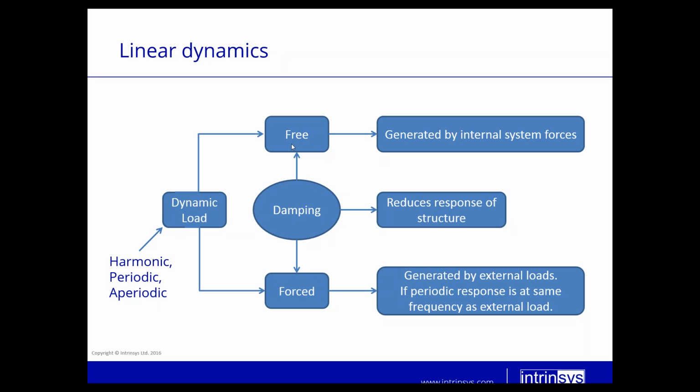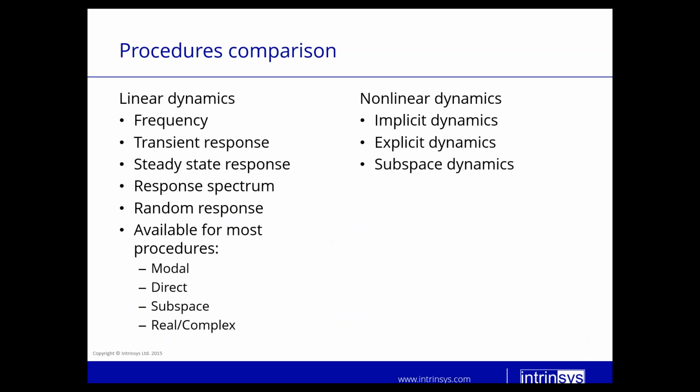And either procedure can include some amount of damping, which generally tunes your natural frequencies and reduces the response of your structure. So this is all linear dynamics. As you can see, we have a lot of different procedures that we can run in Abaqus.